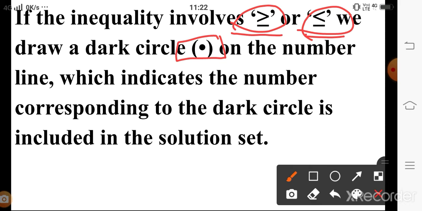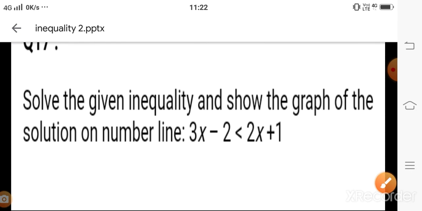The concept is simple: if you are excluding that number, draw a hollow circle, and if you are including that number, draw the dark circle. That is called the solution set.